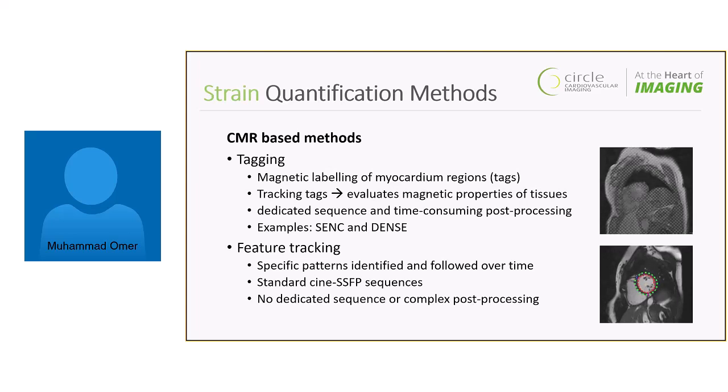What we do is identify specific patterns on the given image, and those patterns are followed over time. The advantage of this is that it does not require any dedicated sequence. Whatever is required in a CMR clinical protocol, we can use it with computer vision algorithms, which are fairly less complex.